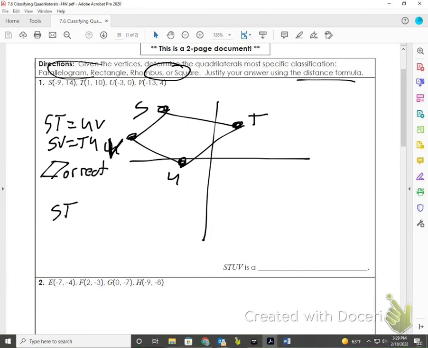If they are all equal to each other, then it's going to be a square or a rhombus.